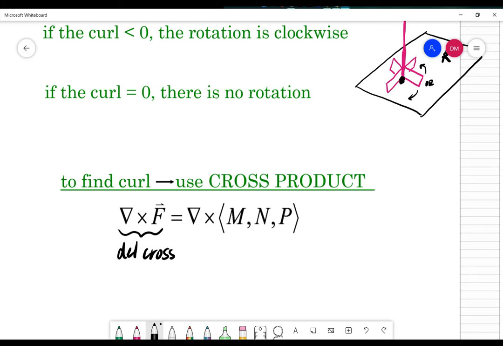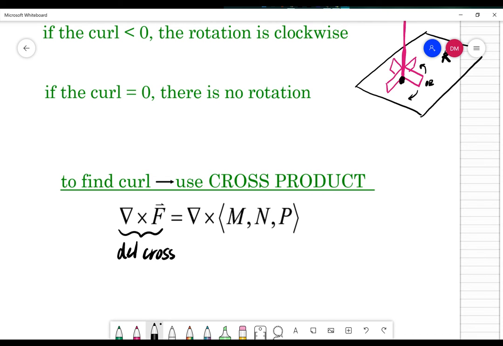The idea being we are taking our gradient and we are crossing that with our vector field M, N, P. Now this one, we actually are going to do our cross product. Now there is a shortcut, by shortcut I mean a formula that you could apply when we go through and do this. To correct what I said just a second ago, we don't have to do cross product every time.